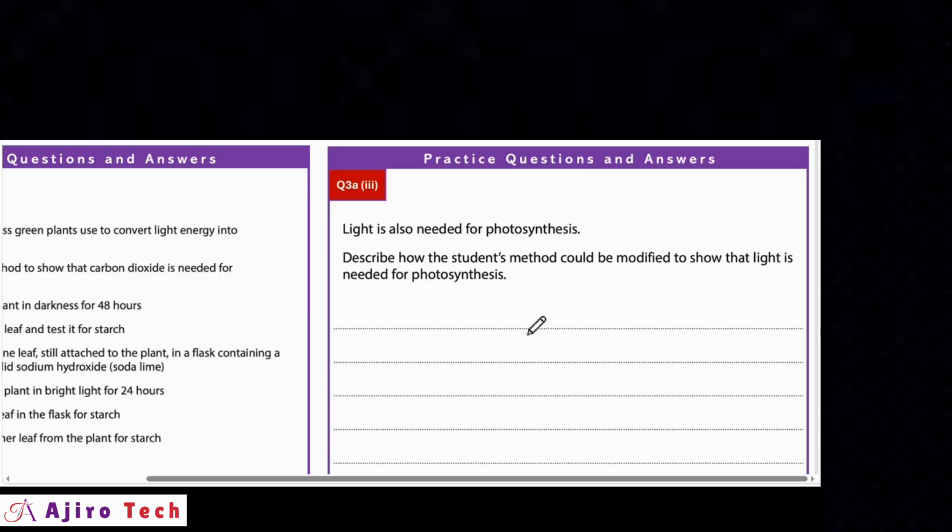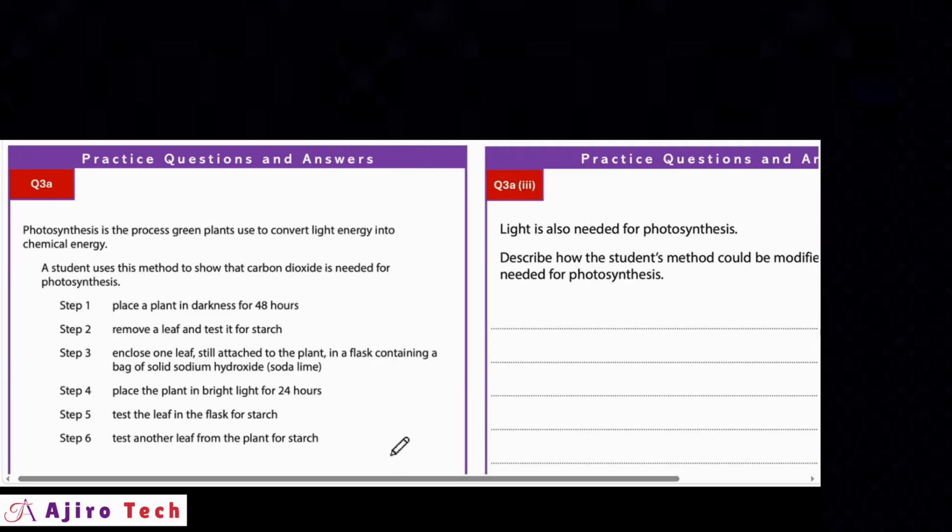Before, we wanted to show that carbon dioxide is needed. This is to show that light is needed. So how are we going to modify the investigation to show that light is actually needed for photosynthesis? This is where we are going to make adjustments.